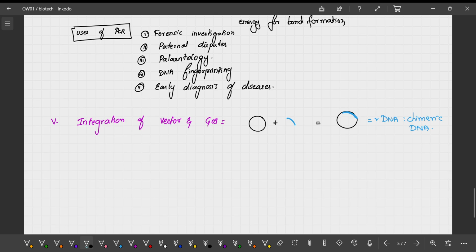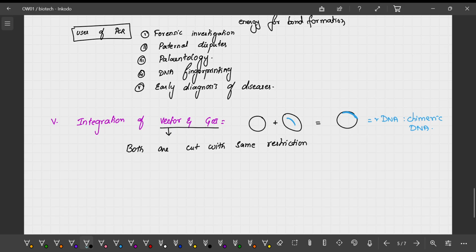We've already studied this process, if you remember. Vector and gene of interest, how they are attached to each other: both are cut with the same restriction enzyme. If you remember way long back, we cut this gene of interest from our DNA in the second step, DNA fragmentation.